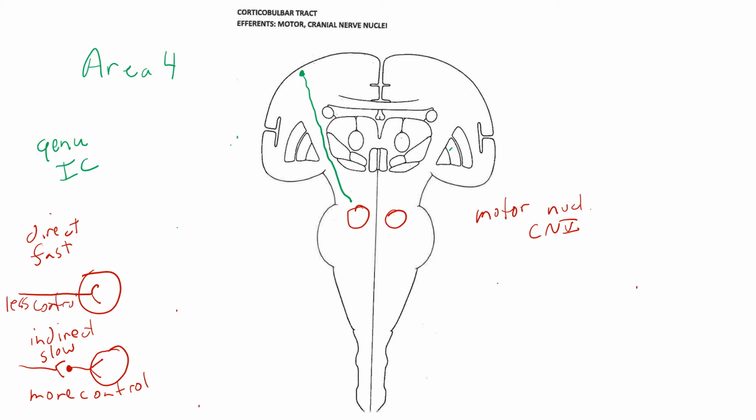So as we look at these different pathways, we want to ask the question, do we have a fast system with less control, or do we have a slow system but more control? Well, what we do when we look at the motor nucleus of cranial nerve 5 is we're going to get around that system by using both direct and indirect innervations.